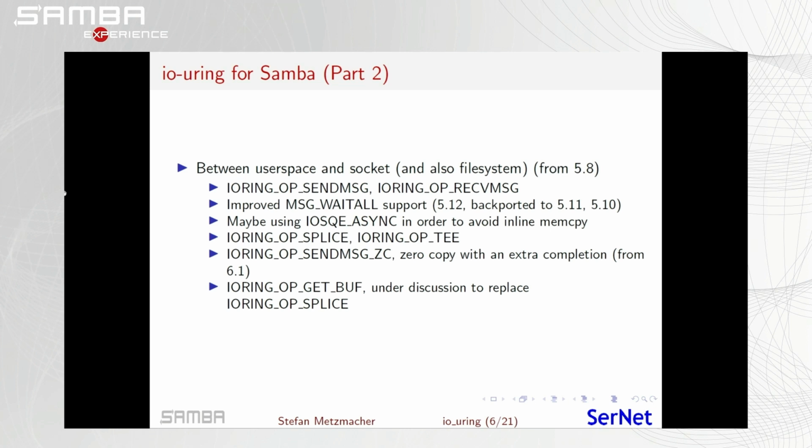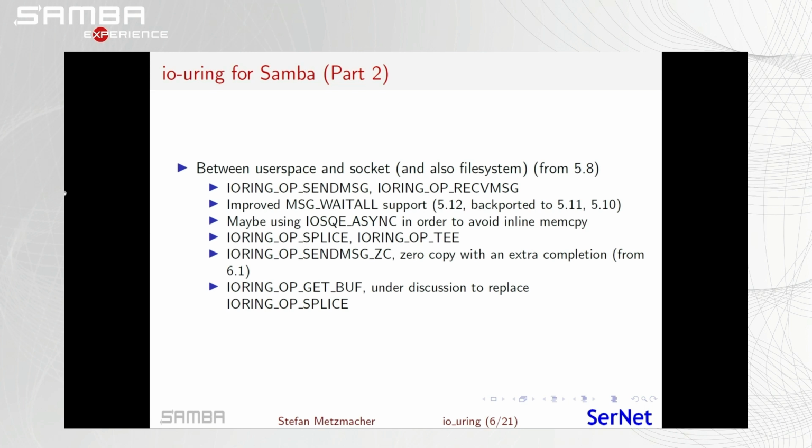And if we want to wait for, let's say, 1K of data, then we specify that flag, and we will only be notified when this 1K of data is really available in the socket, and don't get wake ups for partial packets, which is important in order to avoid additional syscalls and latency.